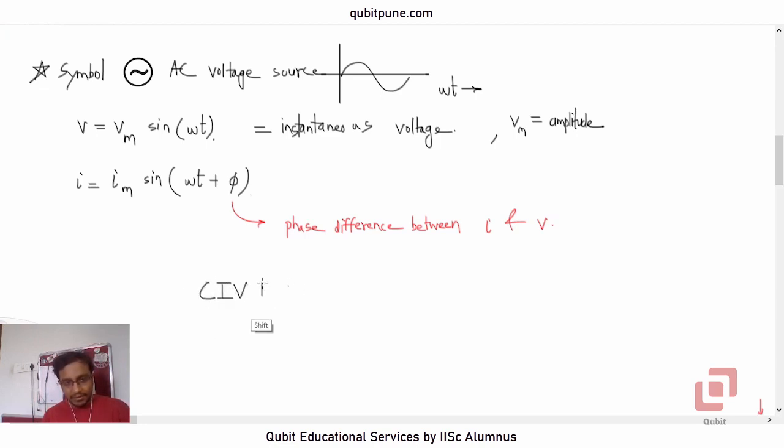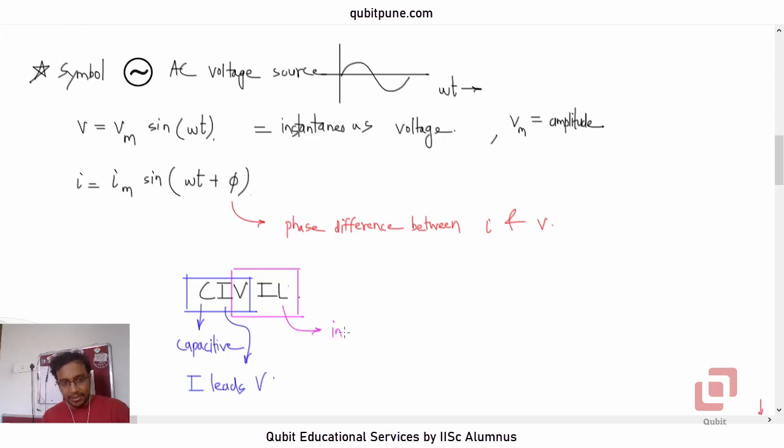Remember the word CIVIL. If I take the first three letters CIV, C stands for capacitor or capacitive circuit. Current comes first, so current leads voltage. If I take the last three letters VIL, L signifies inductor or inductive circuit.